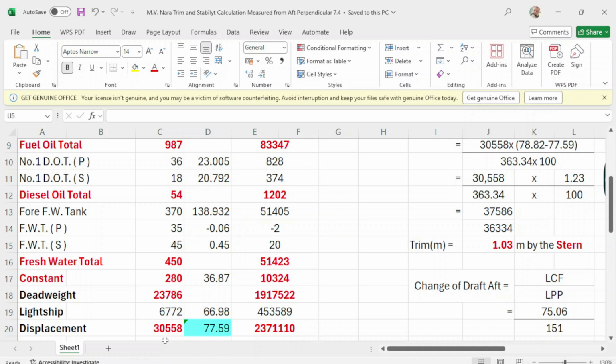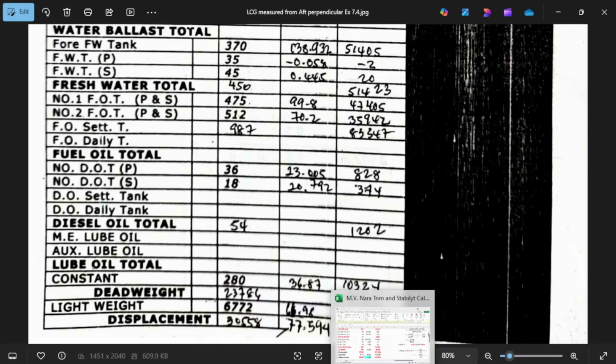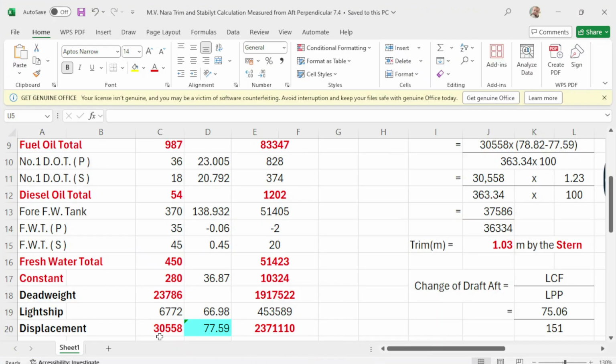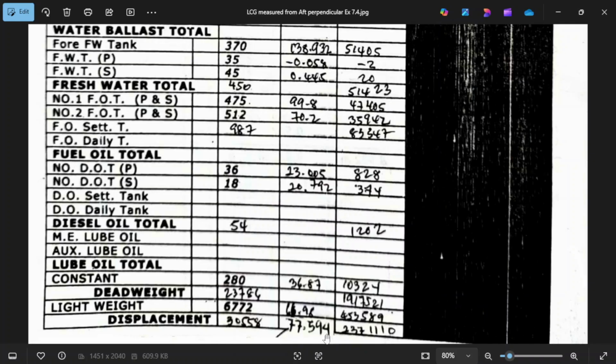And your total displacement is 30558, and the LCG moment is 2371110. Okay, so it's confirmed.